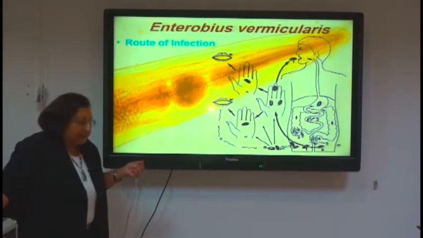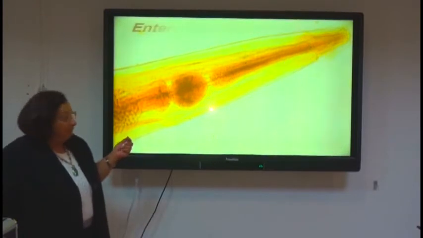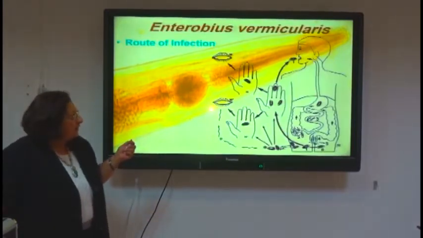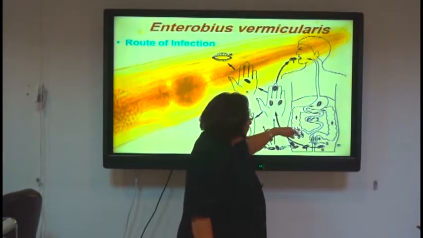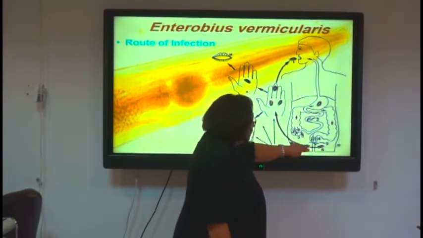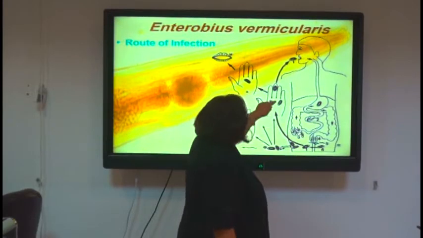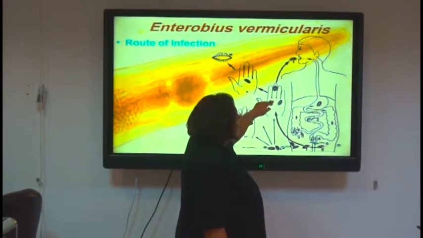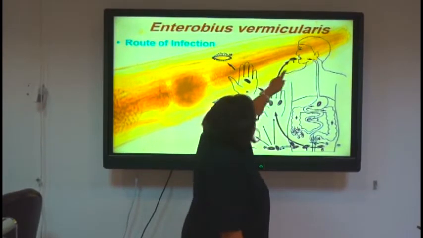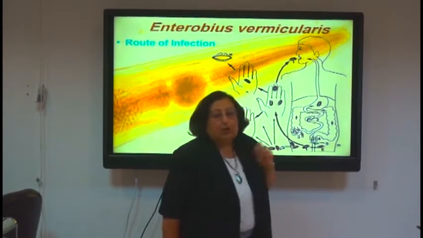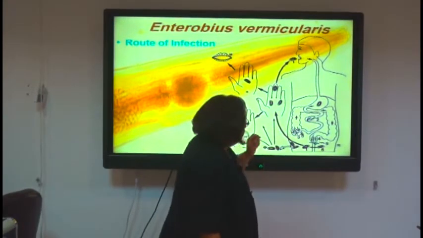This is another diagram showing how infection takes place. Here, if this man is infected and he scratches his anus, his hand will get the eggs, which are directly infective, and they go into the mouth. Once again, the cycle is repeated, and this is what we call auto-infection.